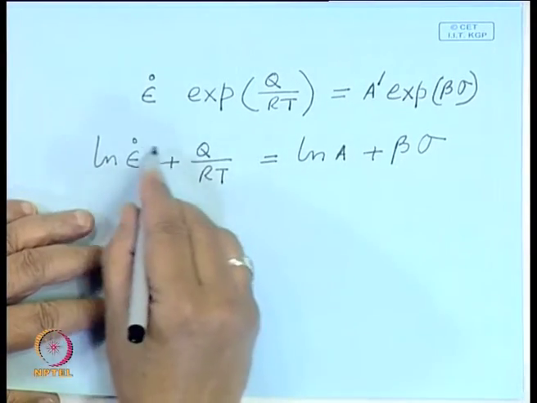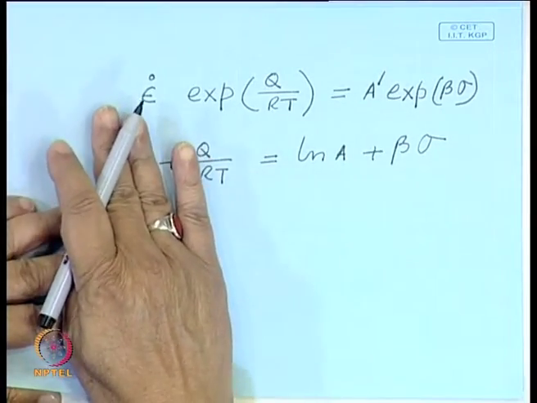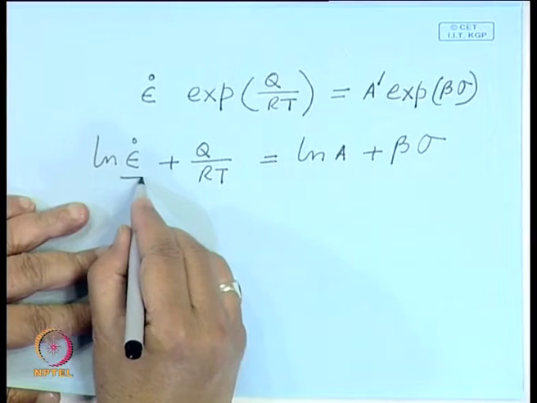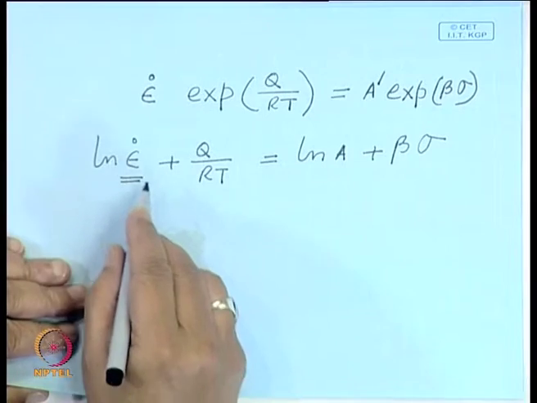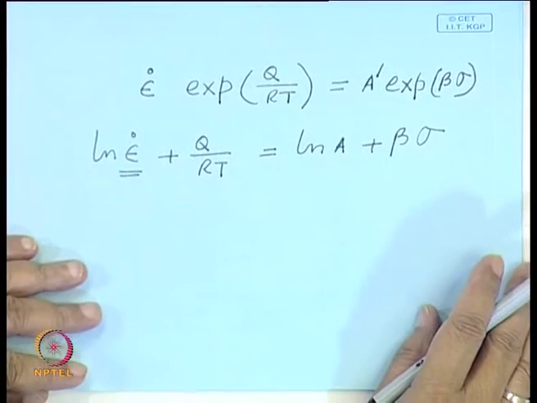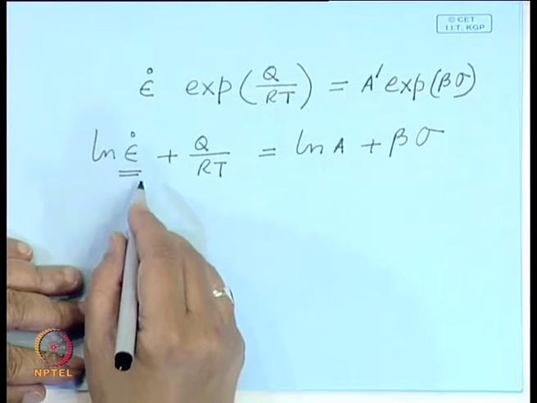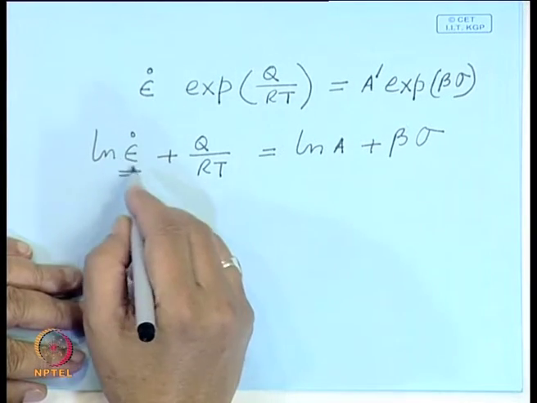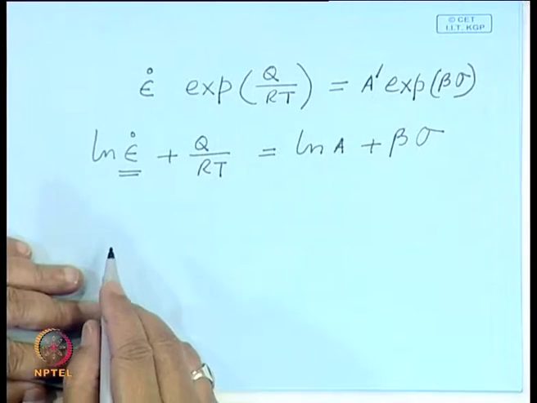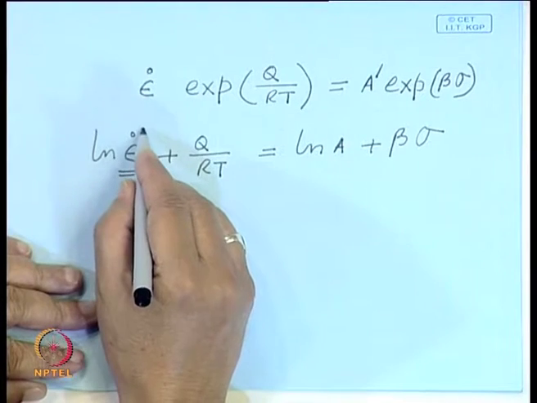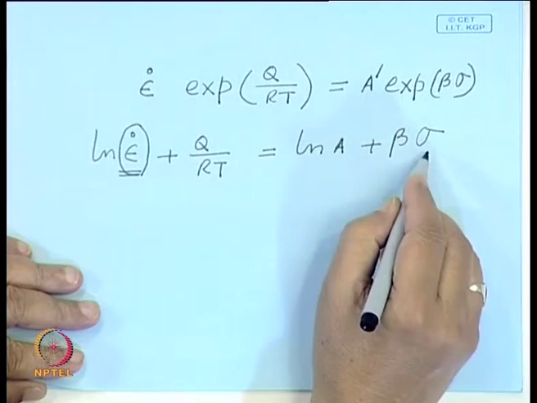So far we were looking at the process of deformation at constant strain rate. Suppose we increase the strain rate. Different types of forming processes may have different strain rates. There is a process called explosive forming, where the strain rate can be several orders of magnitude higher than in a normal deformation process. So, it is quite important to know the effect of strain rate on flow stress.